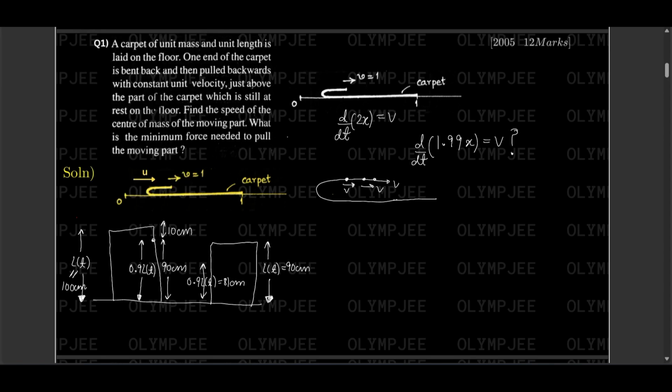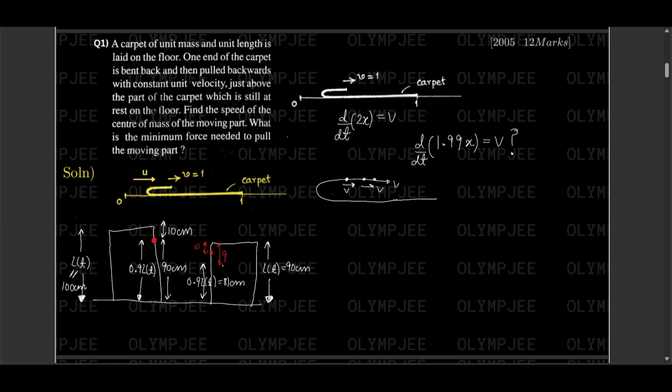So this point which you had taken as 0.9 times L(t) was 10 centimeter away from the top, which is somewhere here. But now 0.9 times L(t) is only 9 centimeter away. The diagram is not representing the true lengths.